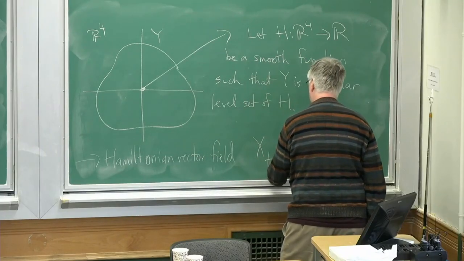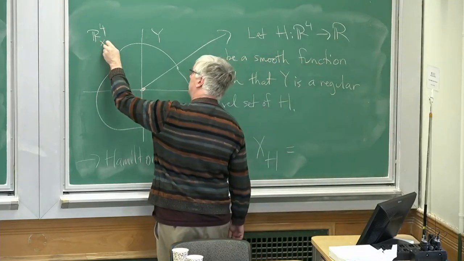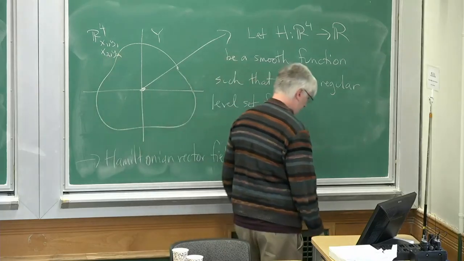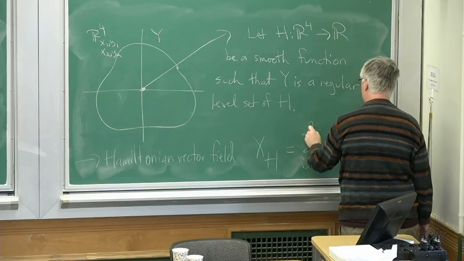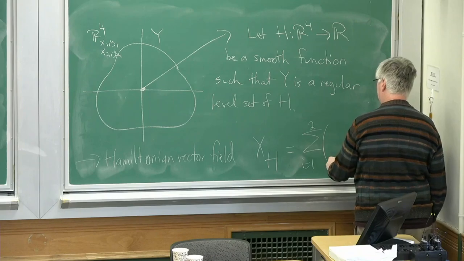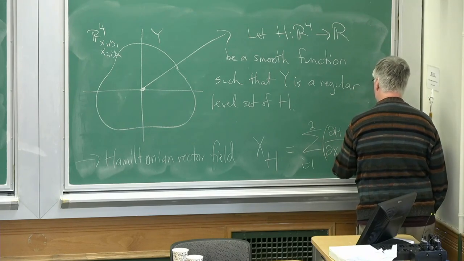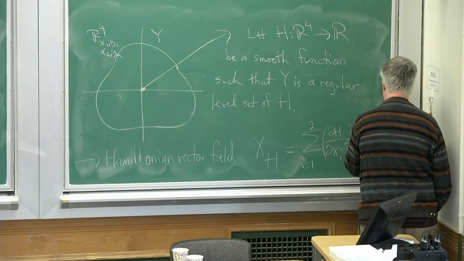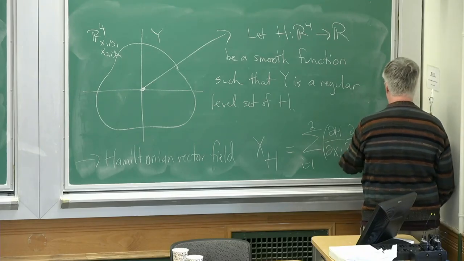That's X_H. So if my coordinates on R4 are x1, y1, x2, y2, then up to sign conventions, this is the sum of dH/dyi ∂/∂xi minus dH/dxi ∂/∂yi. Actually, I think I want the sign squared that way.